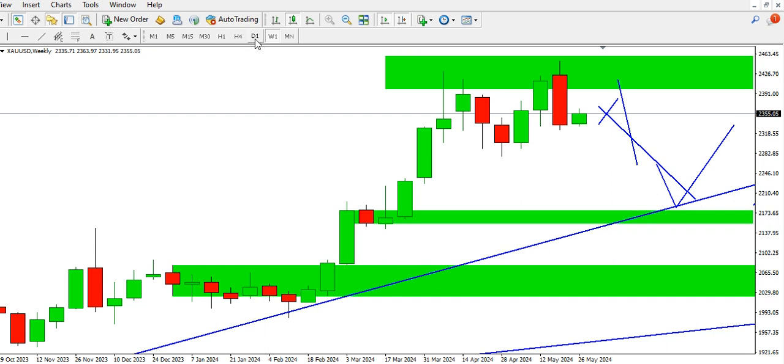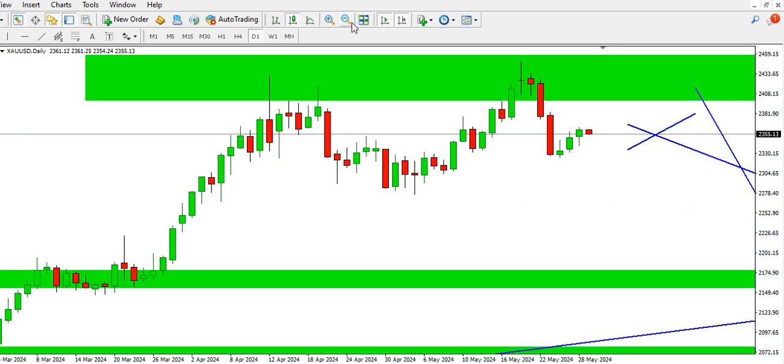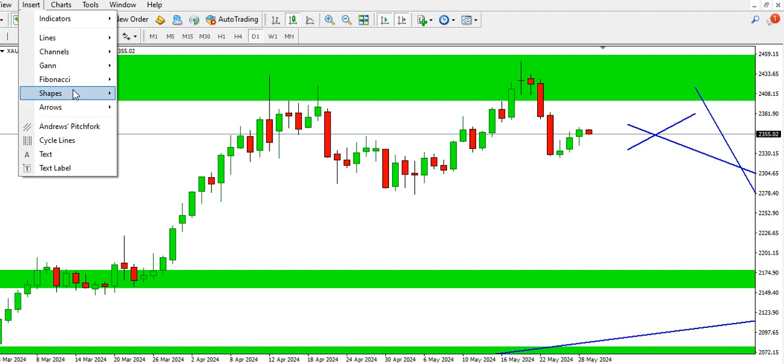On the daily time frame, we've done pivot analysis, and we are looking at a possible double top. It's likely to form a double top.